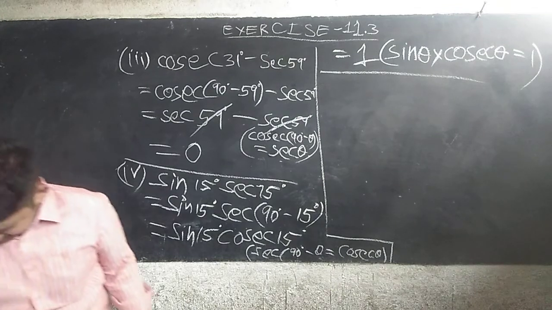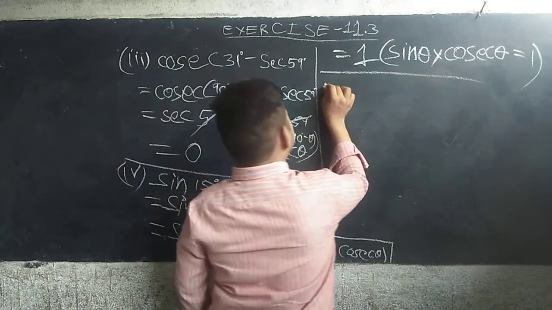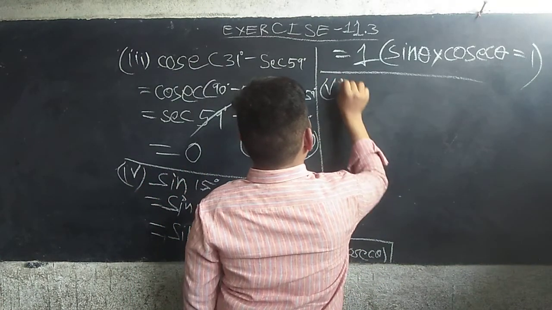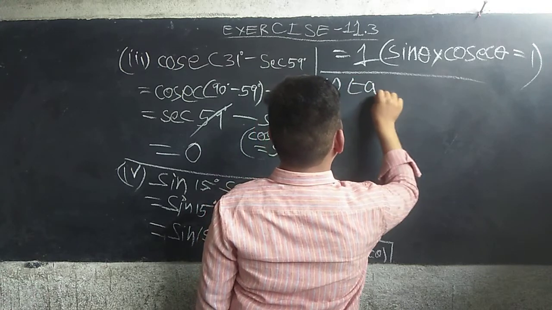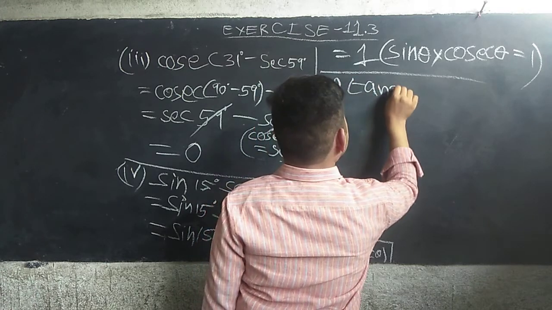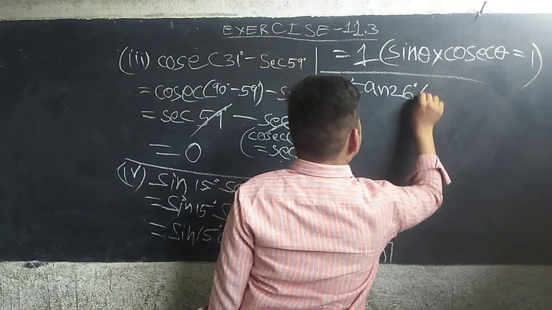Now what is the fifth problem? Tan 26 degrees into tan 64 degrees.